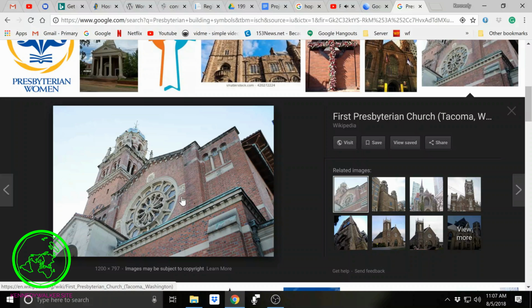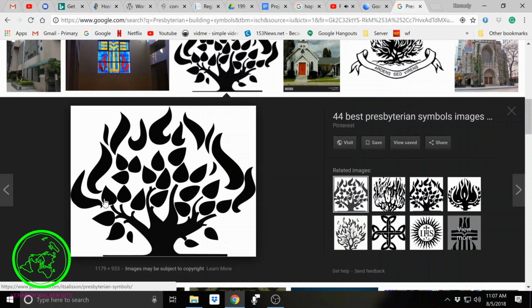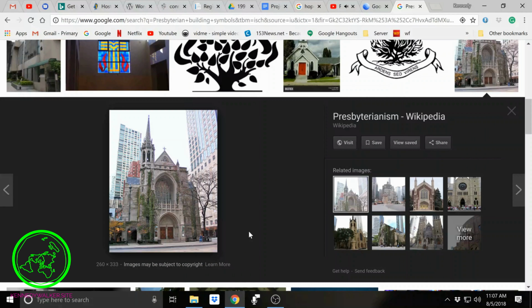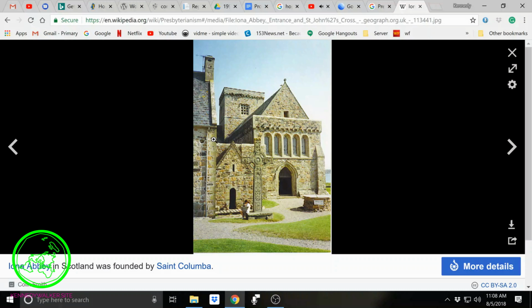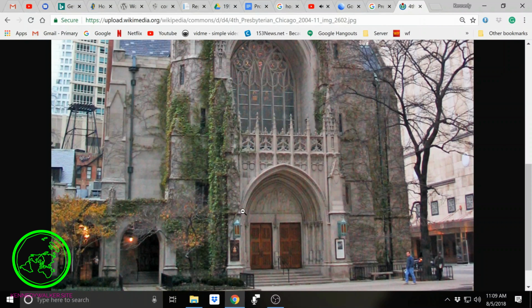That wagon wheel window definitely resembles spokes like that of the sun. There is again the dome. More domes. The center of their cross has a circle in it. There's markedly less of the sun symbolism on this building.